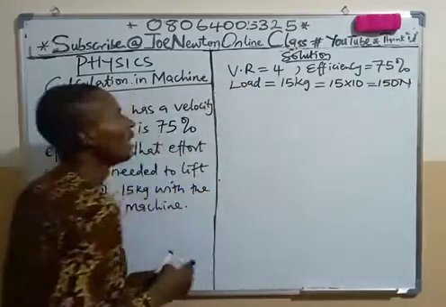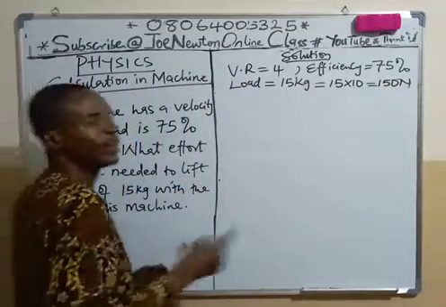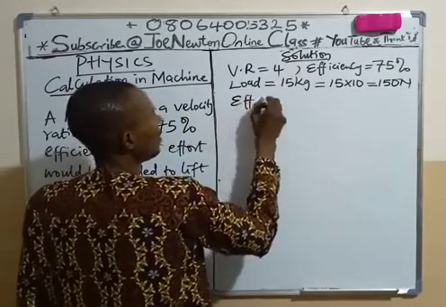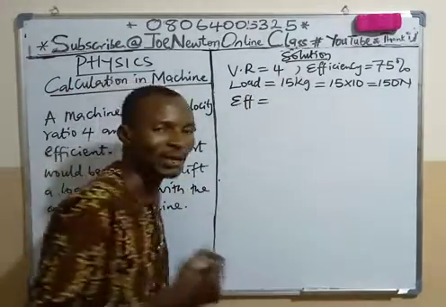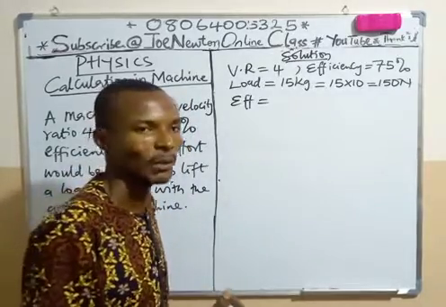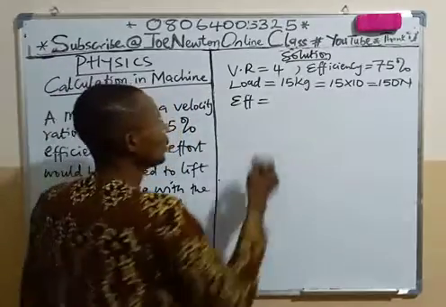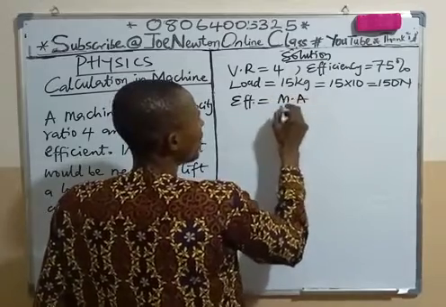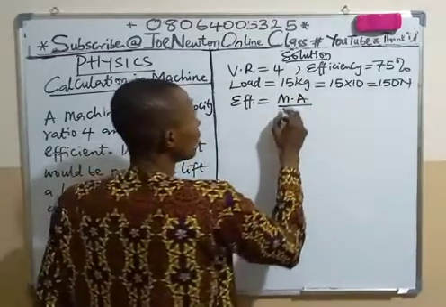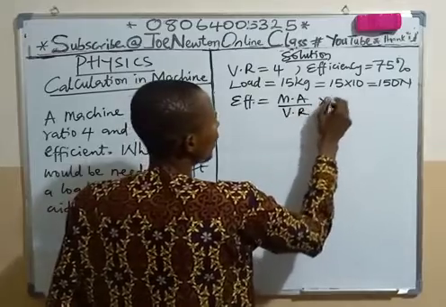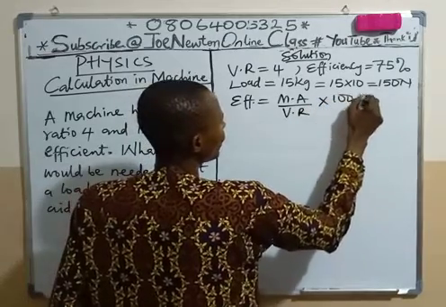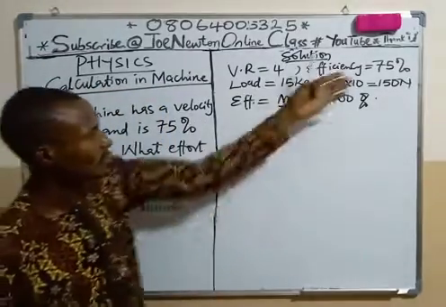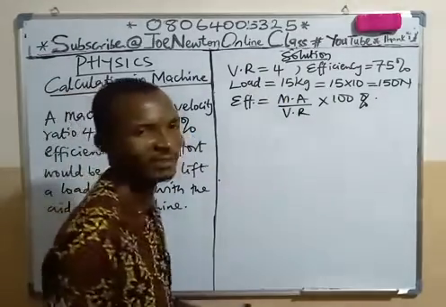First of all, the formula for efficiency of a machine in terms of mechanical advantage and velocity ratio is given as MA, that is mechanical advantage, over velocity ratio times 100%. From here, our efficiency is 75.